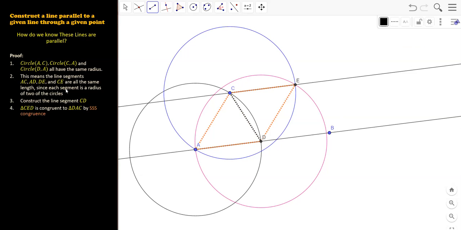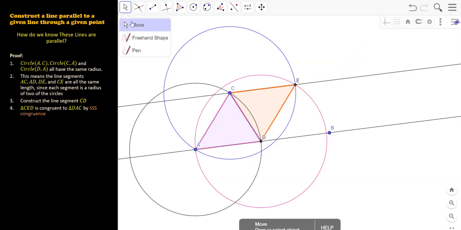So how are we going to do that? Well, this is side-side-side congruence. So let's draw some triangles here. Triangle CED: there's C, there's E, there's D, and then back to C. That triangle is congruent to triangle DAC, and let's make this one purple. So I've got 2 congruent triangles.